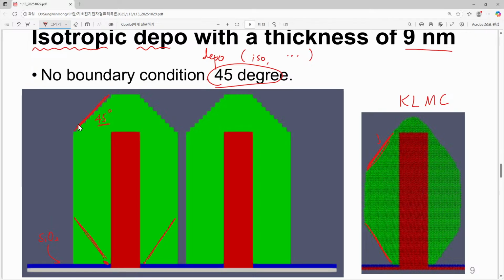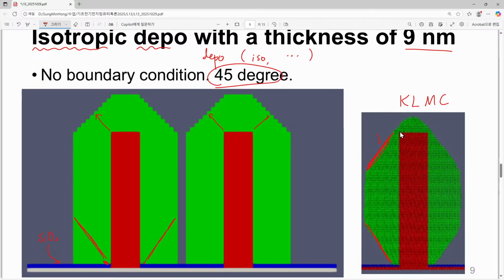And okay, then if we say this is steeper, are we happy enough? No. Even though we accepted this 45 degree, we can also find that there is a severe growth along this direction, also this direction.